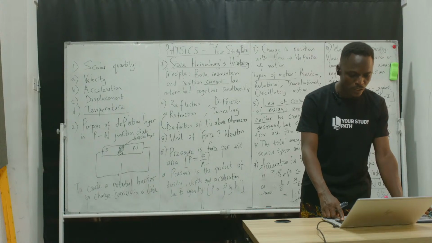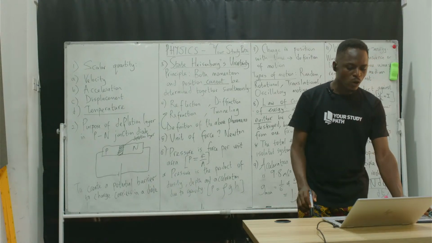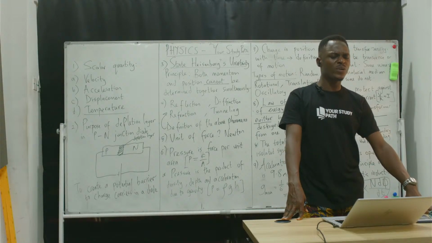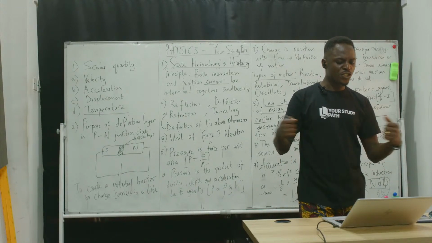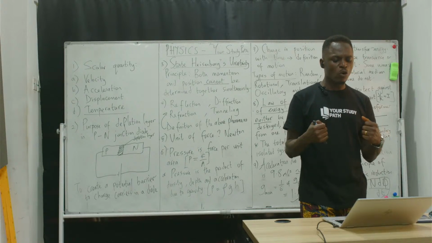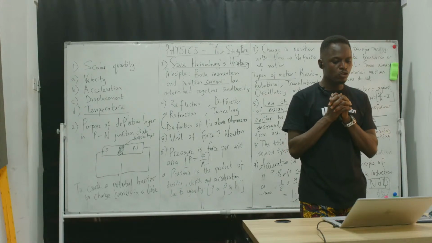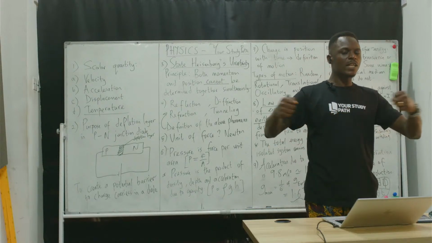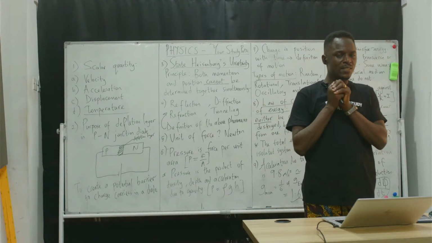And last but not the least, you're asked what type of energy will you say is present when you have a stretched or compressed string? Note, what energy is stored in a stretched or compressed string?